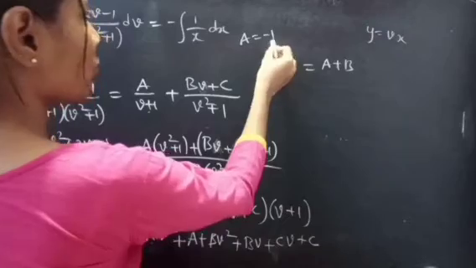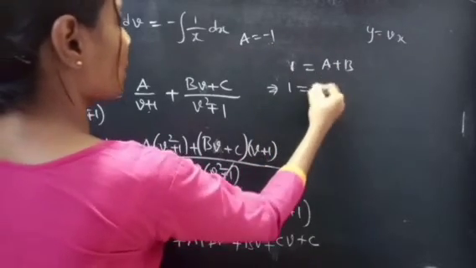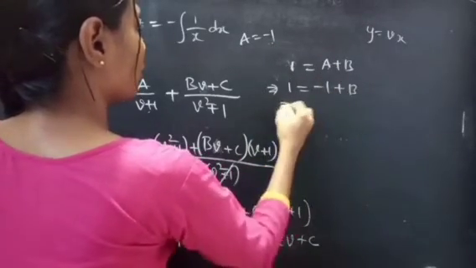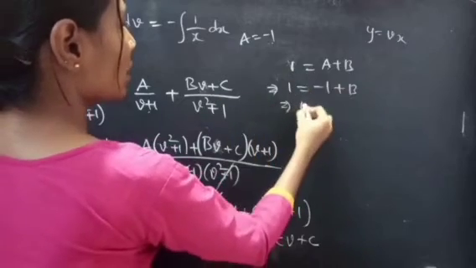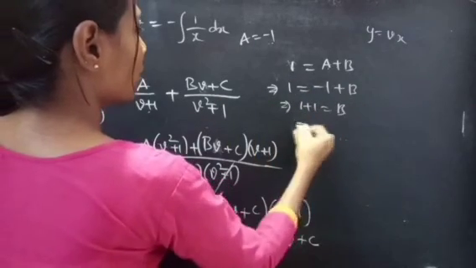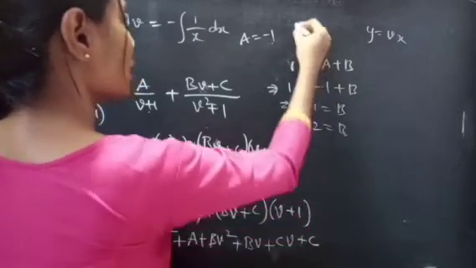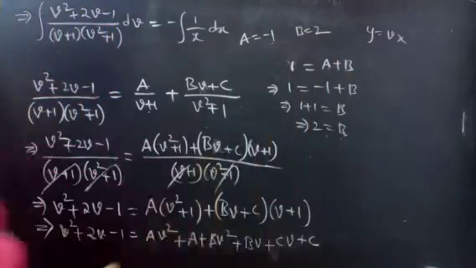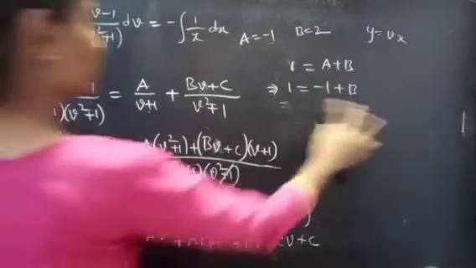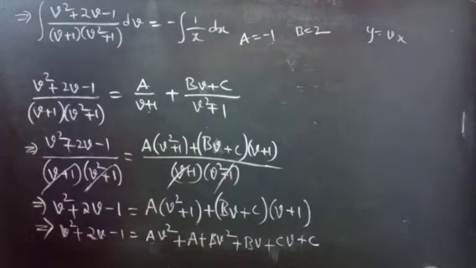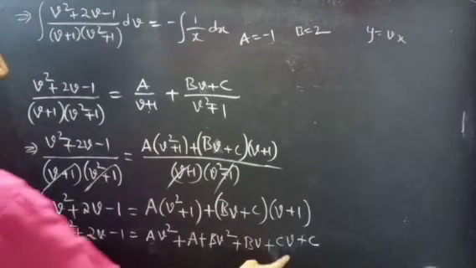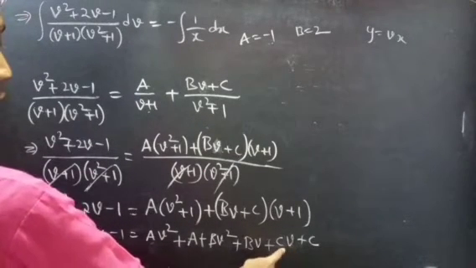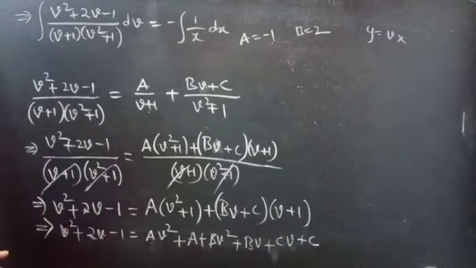Since we have a equals to minus 1, so let's replace a by minus 1. Now bring this minus 1 to LHS, you'll get 1 plus 1 equals to b. Then 2 equals to b, that is b equals to 2. Now we need to find the value of c, right? So now let's compare constants.